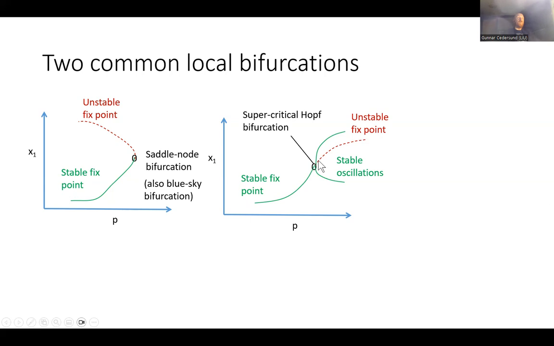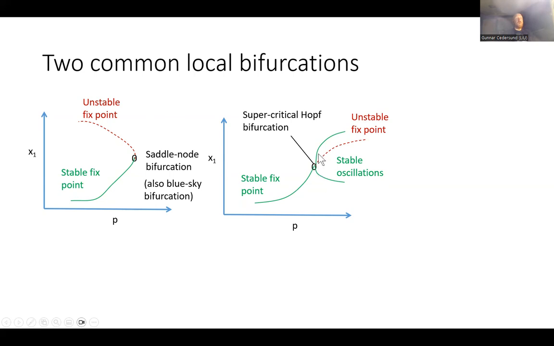If you start here at the fixed point, you will stay there. But if you start a little bit away, you will diverge because it's an unstable fixed point, the red one. But you won't diverge forever, as you will over here, where you go to some completely different place, maybe infinity. Here, you will only go a little bit above. So you will go to an oscillatory behavior here.